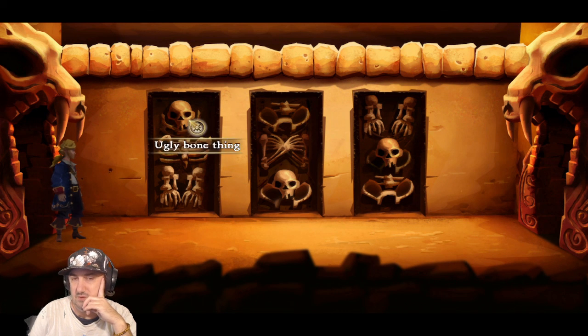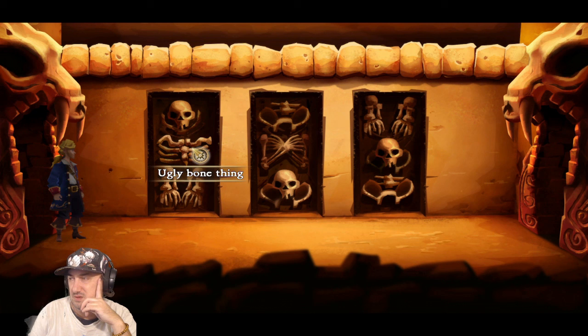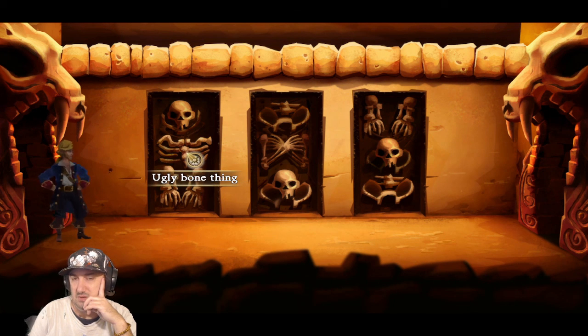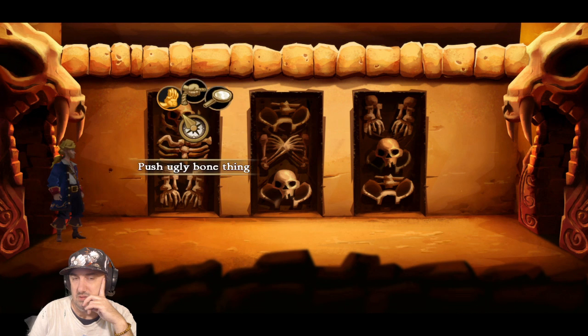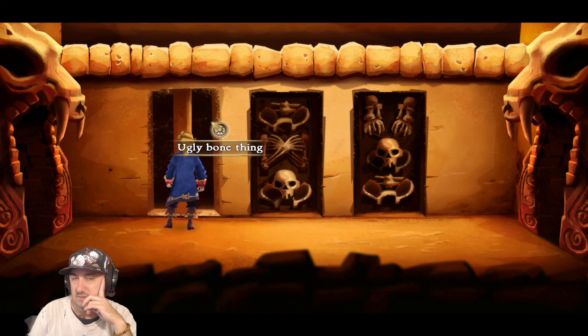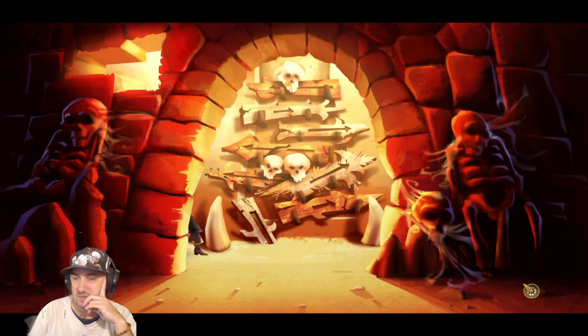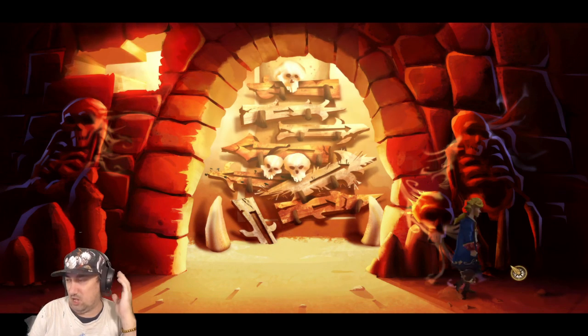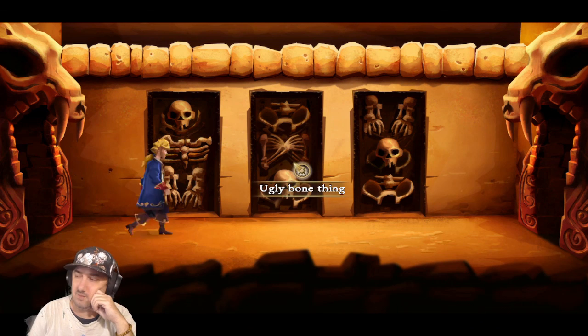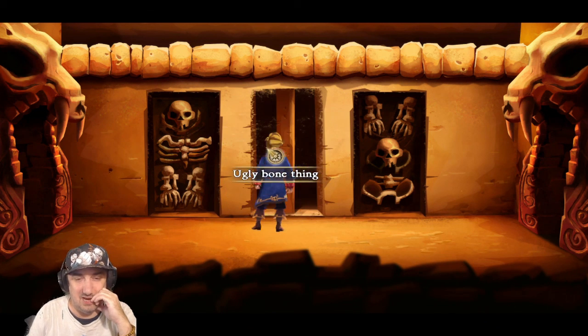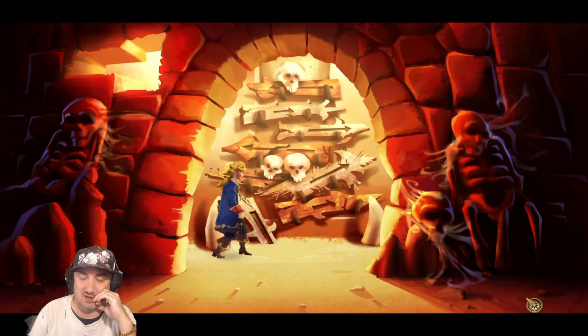Head, ribs. I guess I can YOLO it, just try different combinations so they work. I try to reason this out, and I'm just not good at this.